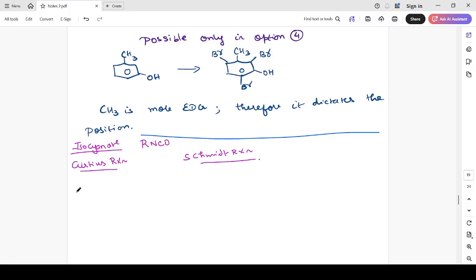So basically, we are going to treat the carboxylic acid with a specific reagent.